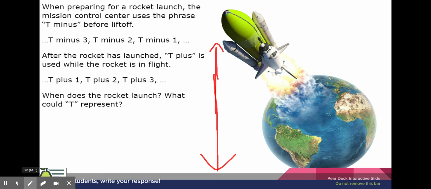Most people get that T means takeoff, so I'm gonna put T. And then once we take off, we have T plus 1, T plus 2, and then T plus 3. So T means takeoff. And that first question, when does the rocket launch? Well, it's between -1 and +1. We know that 0 is between -1 and +1.